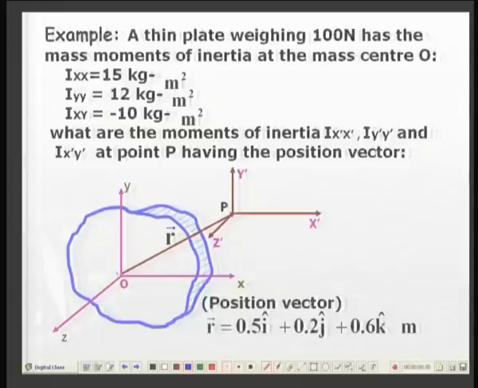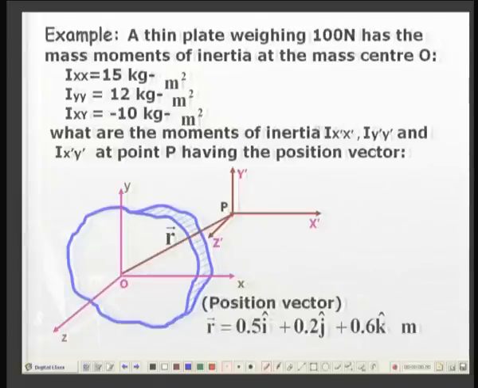O is the mass center, Ixx is 15 kilogram meter square. Iyy is 12 kilogram meter square. Ixy is minus 10. See, the mass moments of inertia are always positive, but product of inertia can be positive, negative, or 0. So here it is minus 10 kilogram meter square.